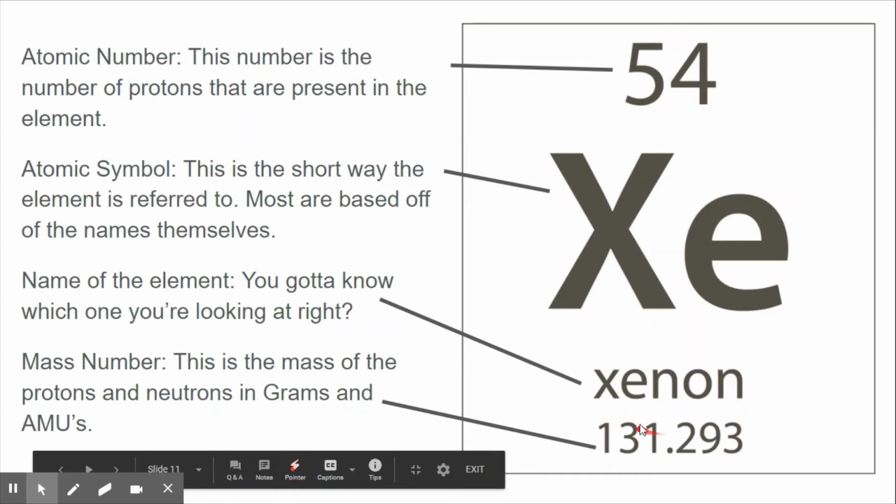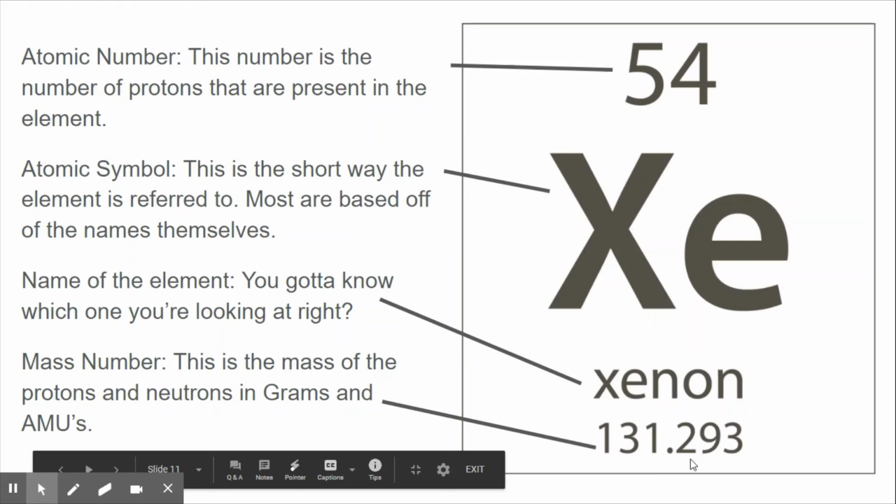So if we take this number minus 54 from it, you're going to get the amount of neutrons that are in your element. Now you'll notice that the number itself isn't a rounded whole number, meaning it has a decimal point on it.